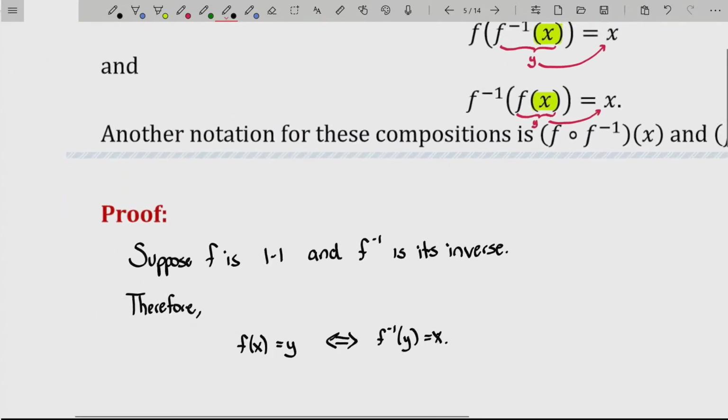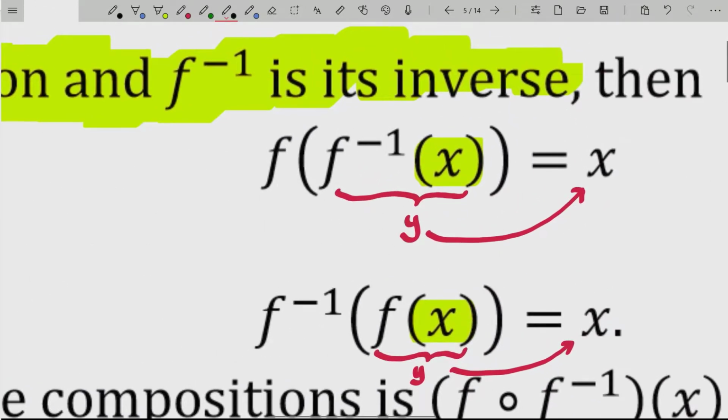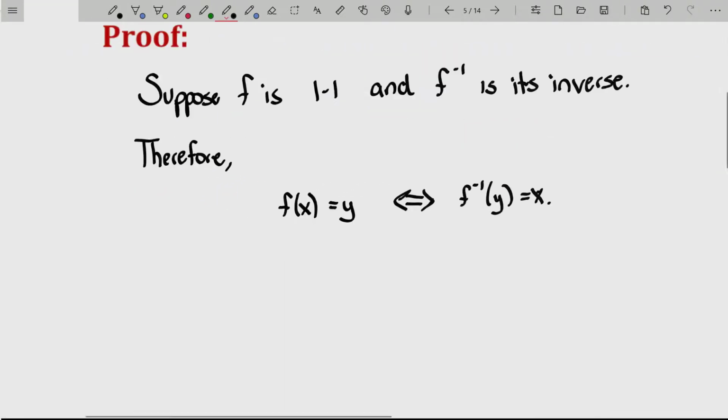Okay, so let's see what we want to arrive at. We want to investigate what is f of f inverse of x. Let's go ahead and do that. Let me zoom in here. Hence, f of f inverse of x. Well, if we assume that f inverse of x is equal to some value, and unfortunately, I don't want to use y here because I just don't want to.